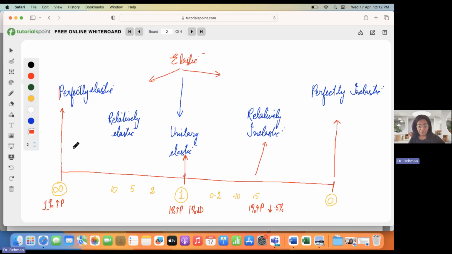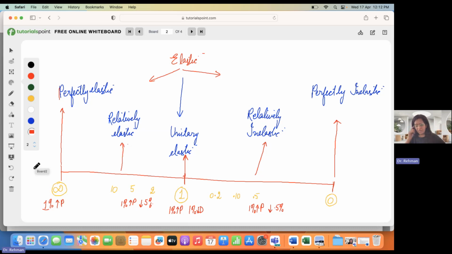Let's come to this side of the graph. Imagine 5. So a 1% increase in price drops the demand by 5%. I applied just a tiny little force of 1% and the demand responded by 5%. Highly elastic. We call it relatively elastic.